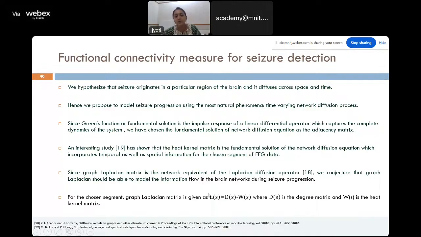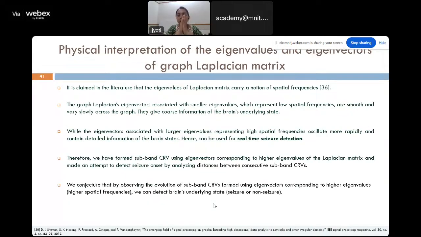So the Laplacian matrix basically models the information flow, the rate of information flow between any two electrodes. And if you look at the eigenvalues and eigenvectors of the Laplacian matrix, they are very informative. The notion of spatial frequencies is related to the eigenvalues and eigenvectors of the Laplacian matrix.